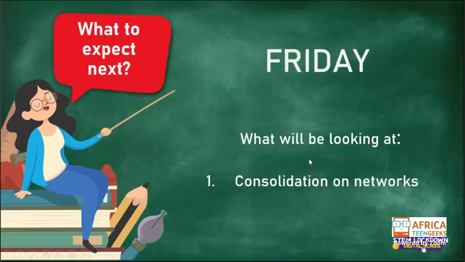For our next lesson, we will be doing consolidation on networks. So just to be prepared, there will be a set of questions from past exam papers and how you can answer them correctly. Then our next topic for next week is going to be electronic communication. Then we are done with content for second term.